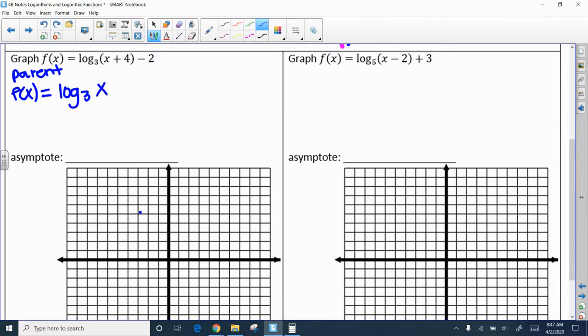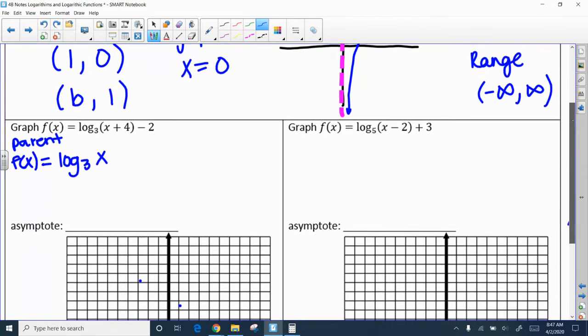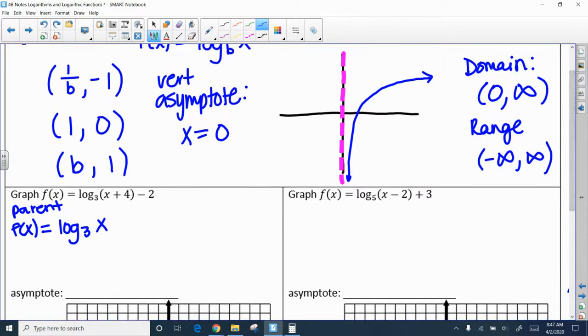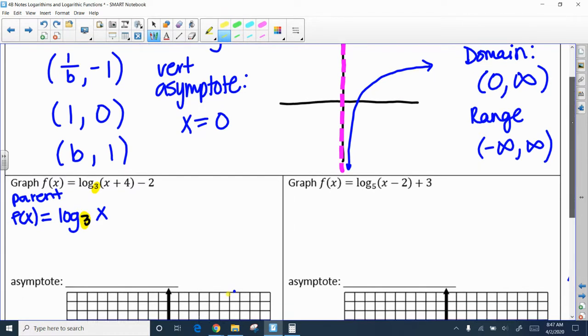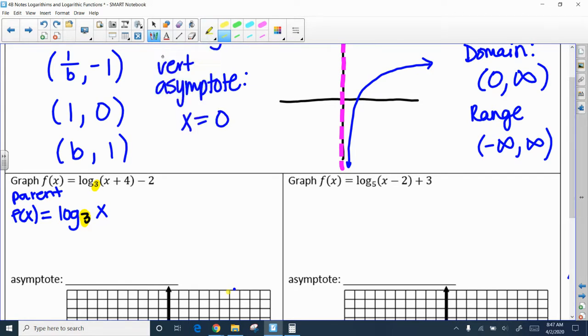So our points on our parent function are going to be in this form: 1 over b, negative 1; 1, 0; and b, 1. And our base is 3. So that means my first point is going to be 1 over 3, negative 1; 1, 0; and then 3, 1. I'm not going to worry so much about the one with the fraction.